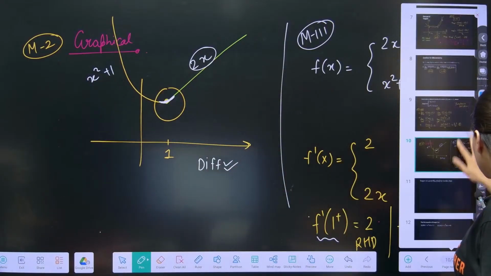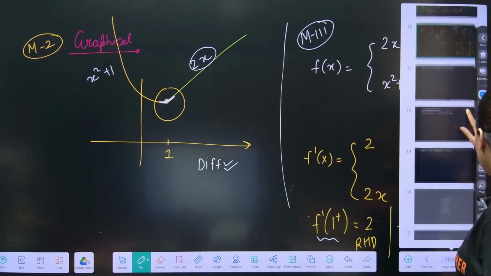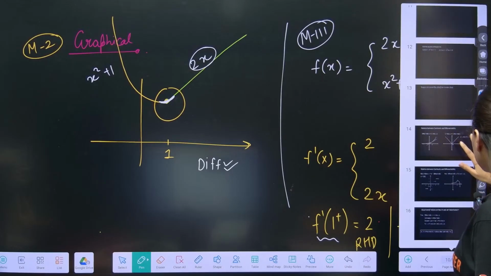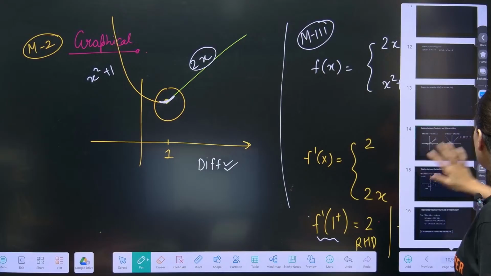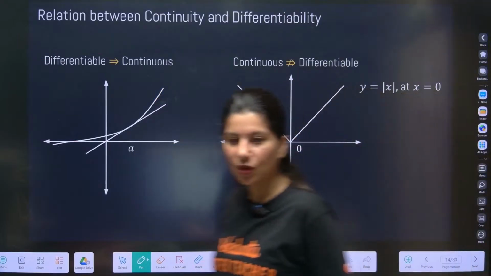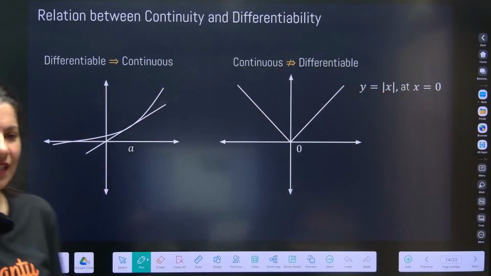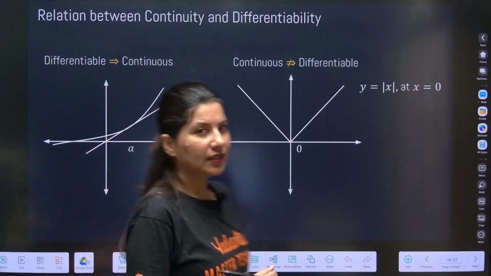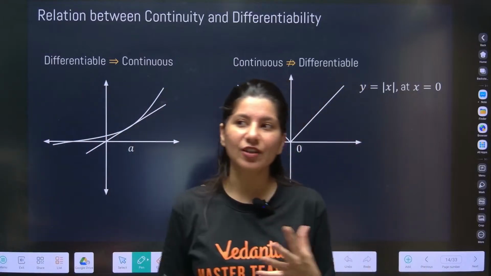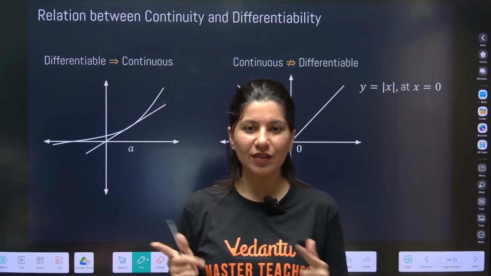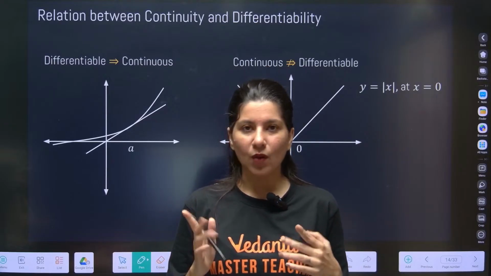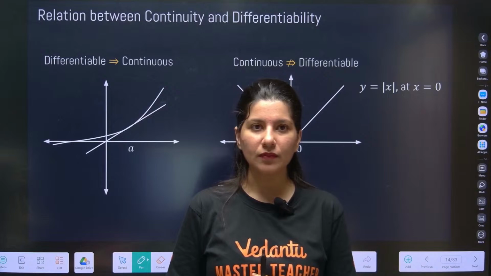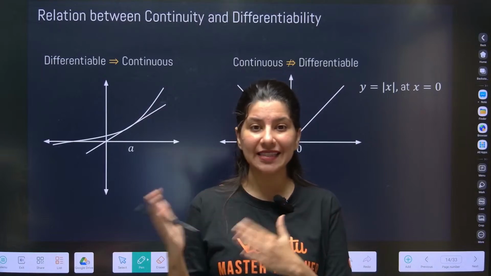Let's solve a couple of questions. But before that, let's talk about the correlation between continuity, differentiability and limits. We were seeing this when we were studying the beginning part, like 9th, 10th, 11th.